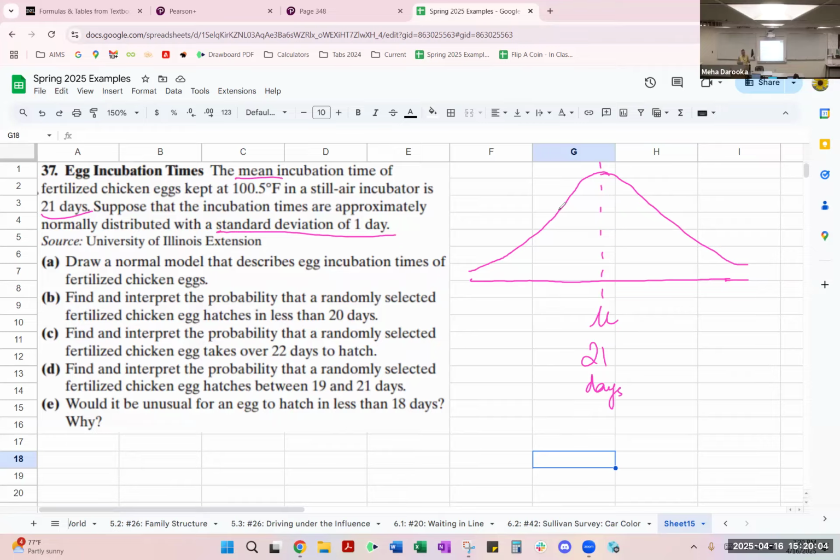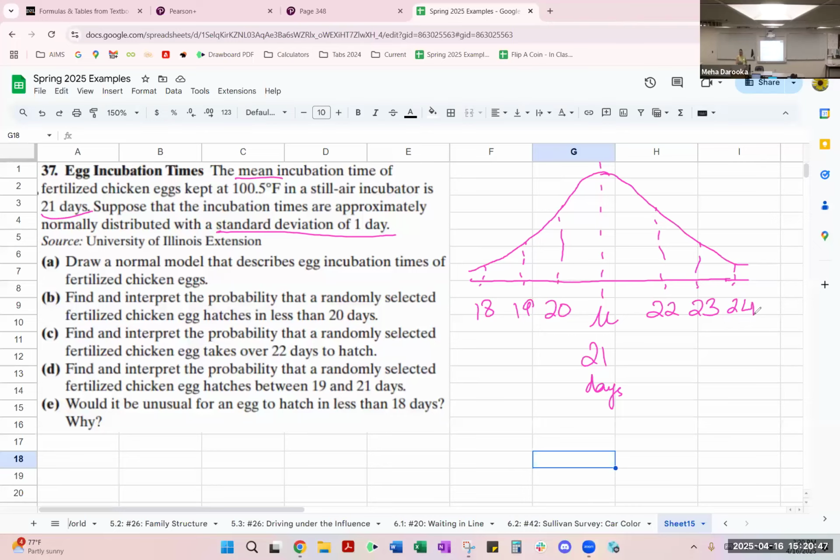So if we did the 68, 95, 99.7 rule, and again, guys, this is a very rough sketch. Remember, it's 1 day, so you subtract 1 day and you add 1 day, right? So you go from 20 to 22 for the 68%. Then for the 95%, we go 2 standard deviations out, so we subtract 1 more from 20, add 1 more to 22, which puts us at 19 to 23. Then for 99.7%, we subtract 1 more, down to 18, and add 1 more, up to 24.